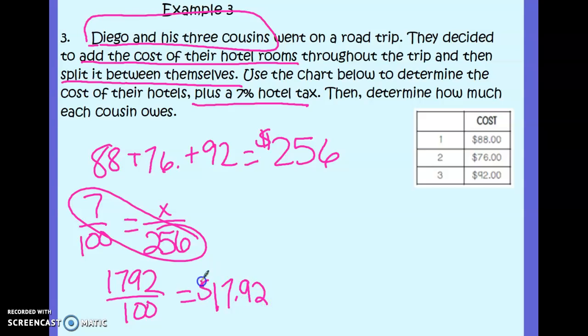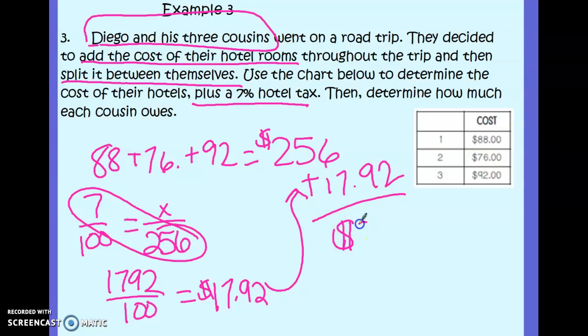Since this is sales tax, I'm going to add this to the total so I can find out how much in all they spent. So I'm going to add my $256 in. It's going to give me $273.92.